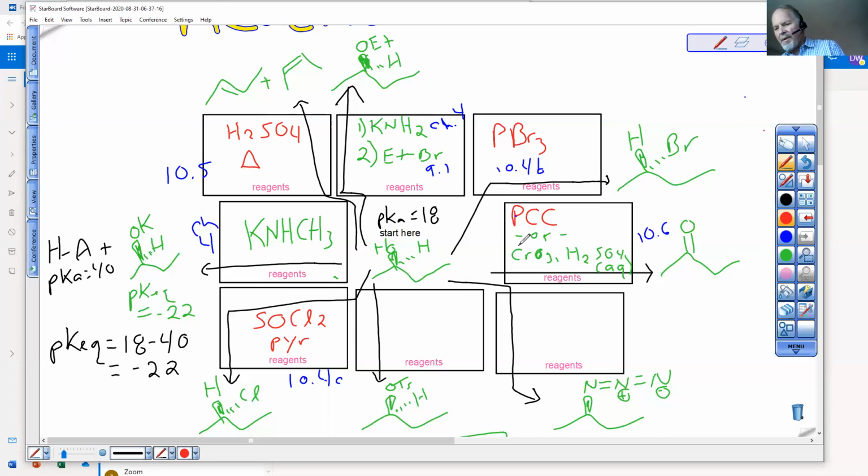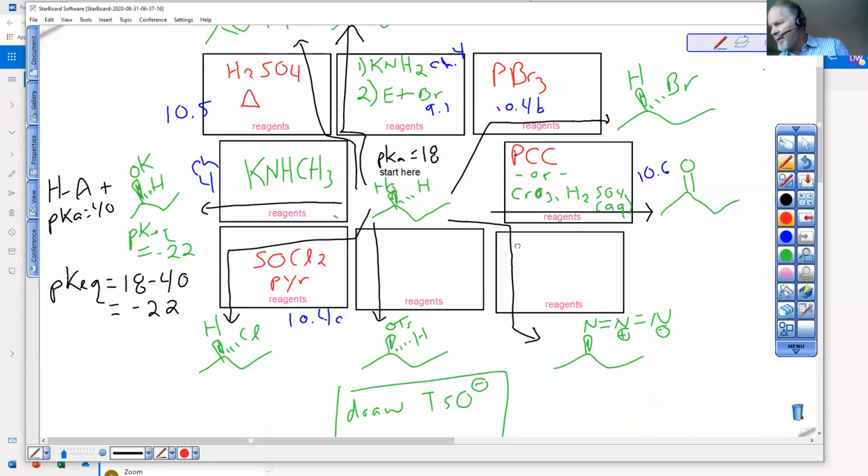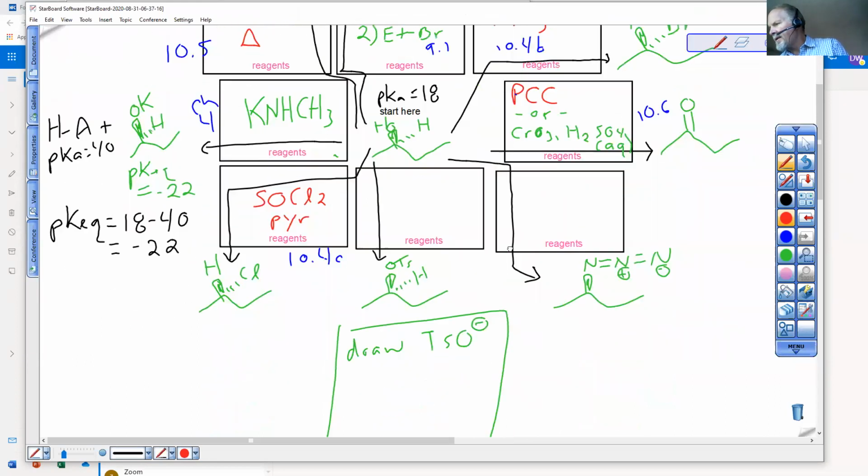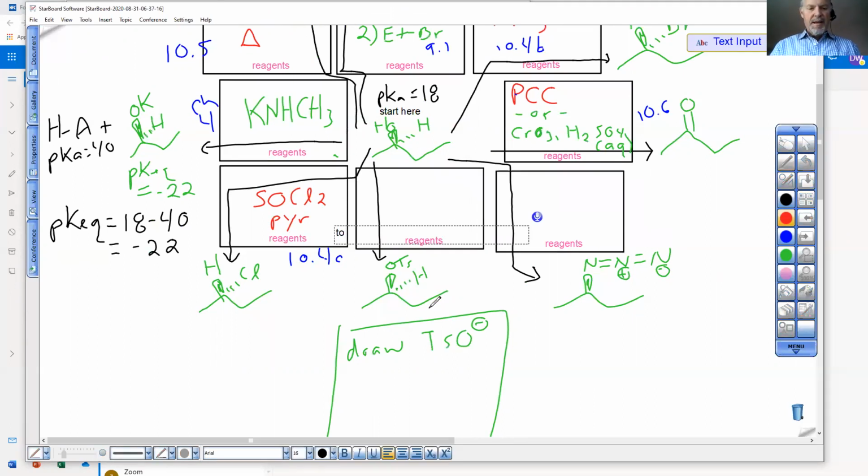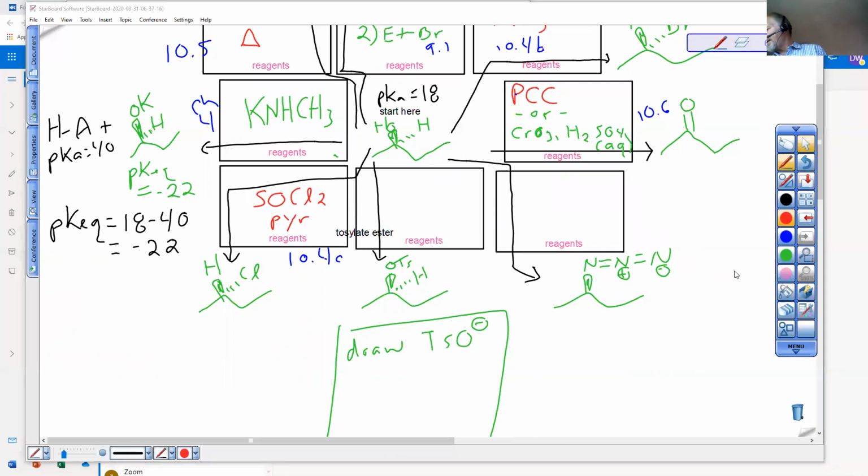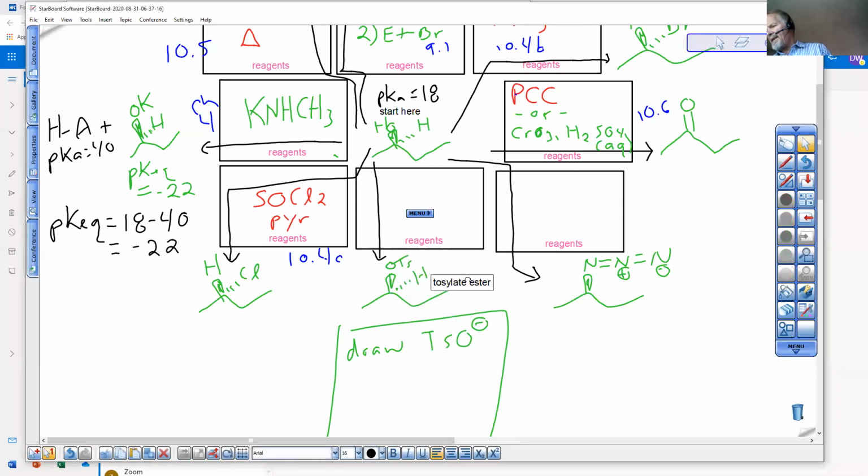And going downwards here, we're going to make what's called a tosylate ester. That's short form for para-toluene sulfonate. Tosylate. And we use TsCl.